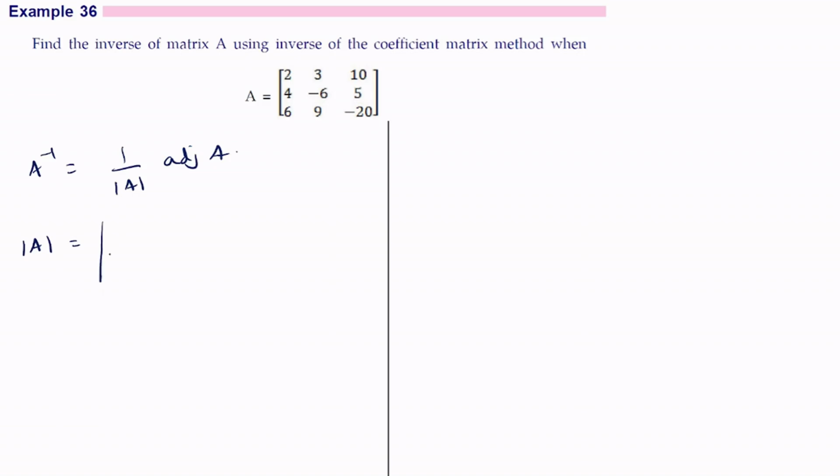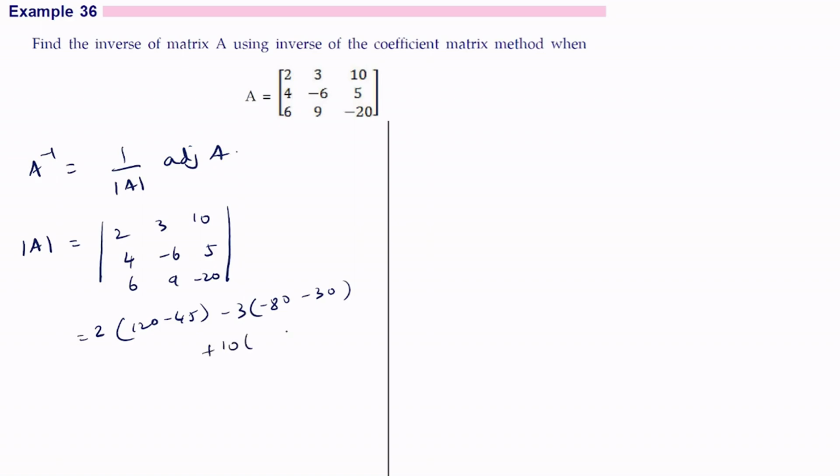Determinant of A equals determinant of 2, 3, 10, 4, minus 6, 5, 6, 9, minus 20. So this is equal to 2 into 120 minus 45, minus 3 into minus 80 minus 30, plus 10 into 36 plus 36.